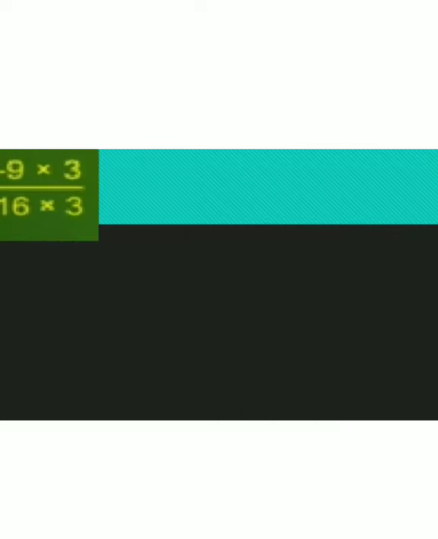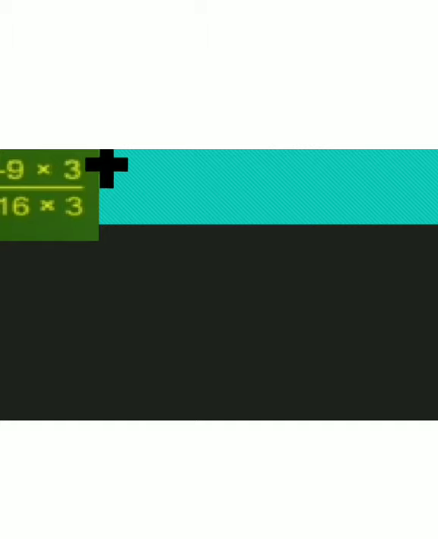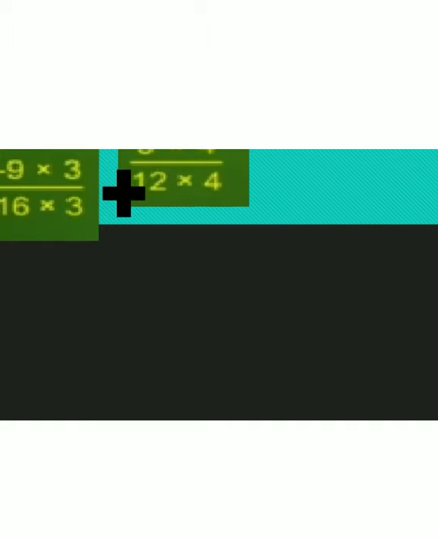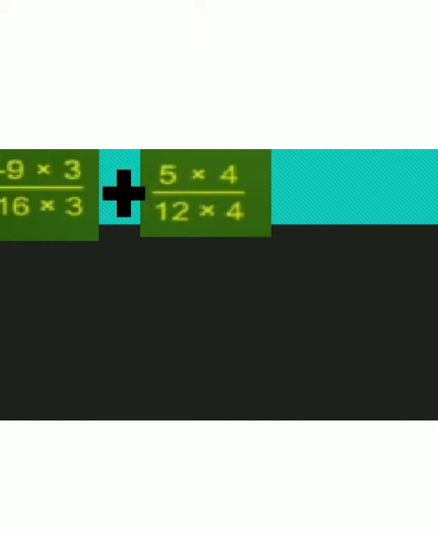Take the first fraction, minus 9 by 16. 16 3s are 48. So we are multiplying 3 with the numerator and the denominator. Plus 5 by 12, that is the second fraction. 12 4s are 48.